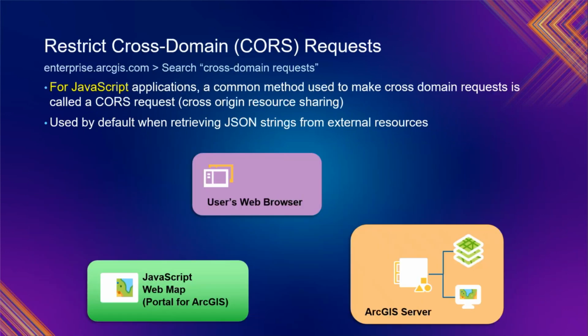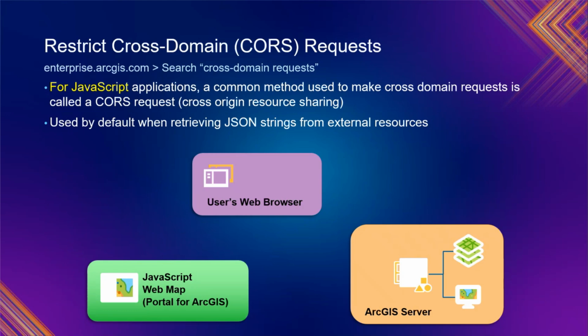And the next one is another feature that is commonly flagged by security scanners, called cross domain request, or CORS. CORS is basically unique to JavaScript applications. It is a feature in your web browsers that controls how resources, for example your maps, APIs, or data, can be accessed from a different domain.